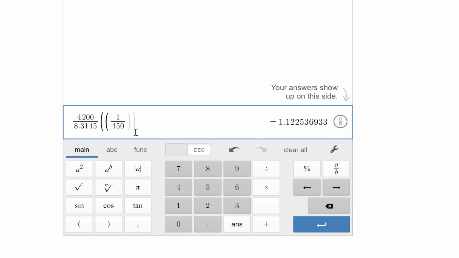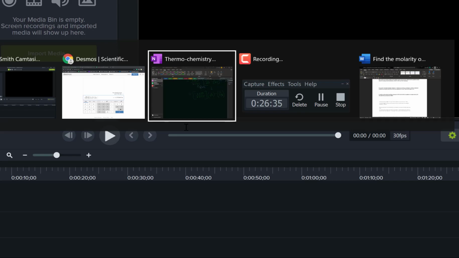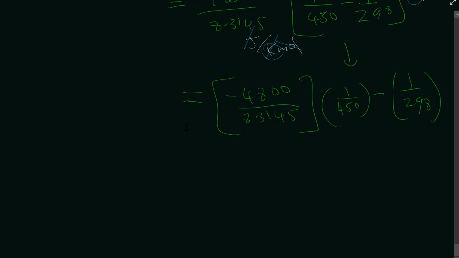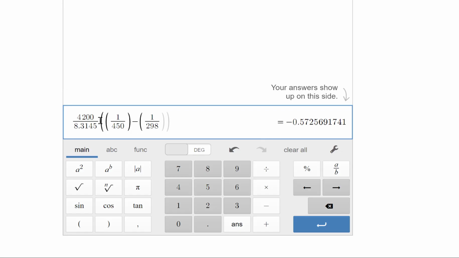So 4800, that's the delta H, divided by 8.3145, and then 1 over 450 minus 1 over 298. See the brackets, right? The brackets have to be like that. And then we also have minus 4800, not positive. So let's plug in that one too. Take your time, make sure the brackets, the signs, everything is there, right?